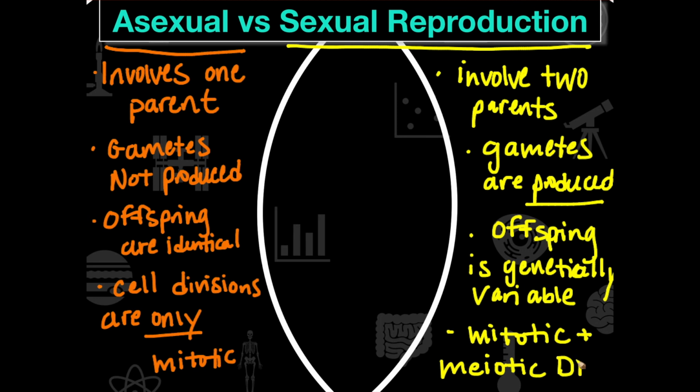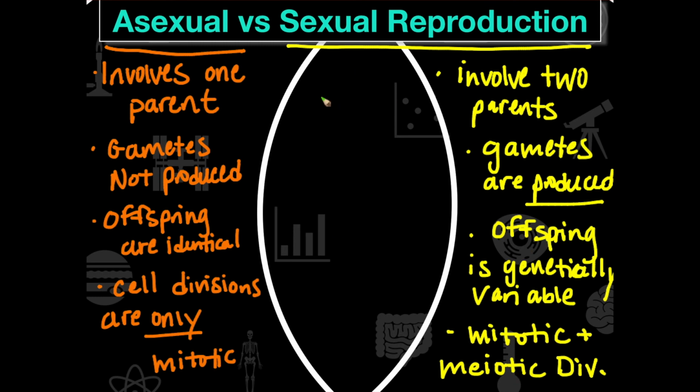I'll just put a little div for divisions here. So it's going to involve two parents. Gametes are going to be produced via meiotic divisions, and the offspring are genetically variable. Asexual reproduction only involves mitotic divisions. Sexual reproduction involves mitotic and meiotic divisions.